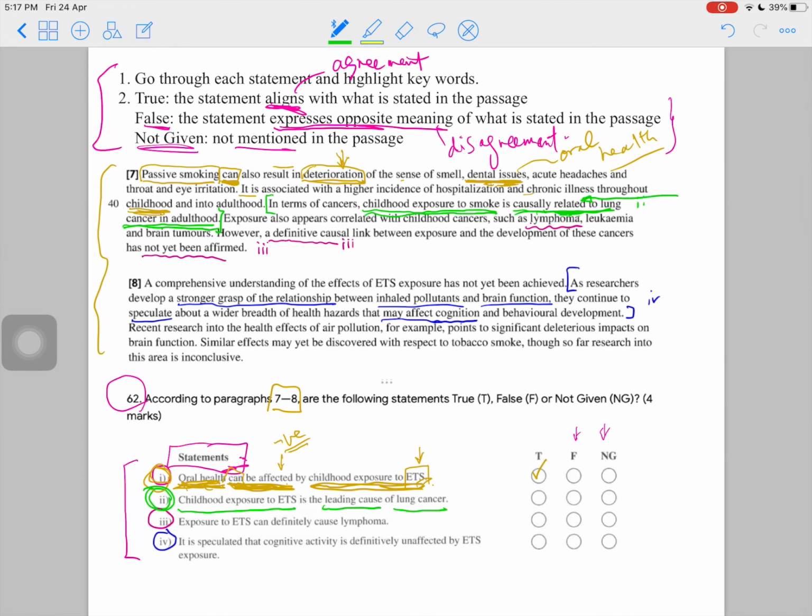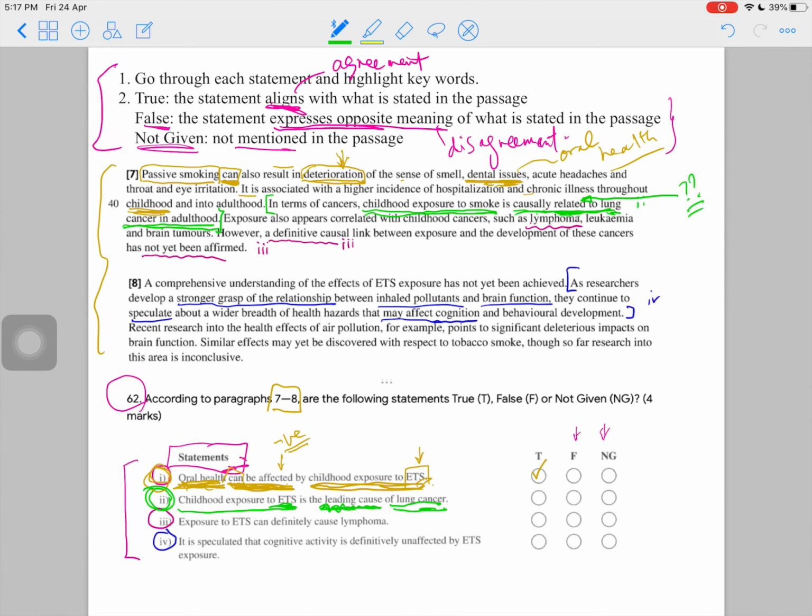But how related, whether the exposure to ETS is the leading cause, it's the number one cause, the major cause, okay, of lung cancer, it actually does not give us that much information for us to judge, okay? So we cannot say it is leading cause, but we cannot say it's false because it is related, okay? The exposure to ETS is related to lung cancer, okay?